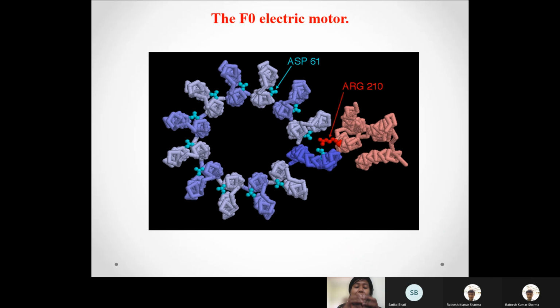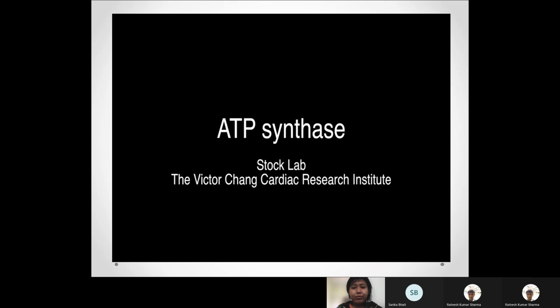Both of them are acting as part of the channel, जो पूरा चैनल है, the pathway the protons take to move from this higher concentration to this lower concentration region. जो चैनल लेता है this proton, it's part of that channel. And if you mutate this aspartate residue, then the proton movement is either completely blocked or partially hindered.